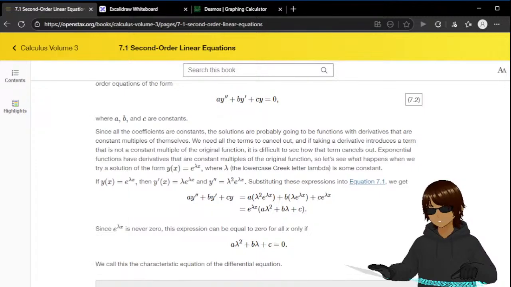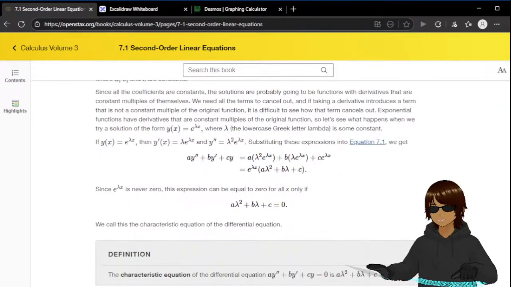So this, we do the thing and we end up with this. And then since this is equal to 0, this or this has to be 0, right? Since e to the power of lambda x is never 0, this expression can be equal to 0 for all x only if this part is 0.